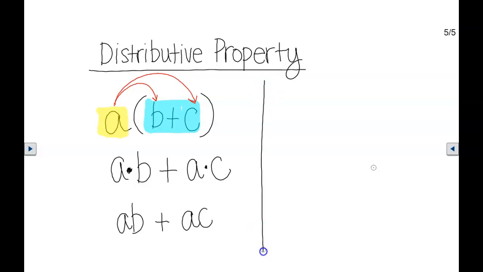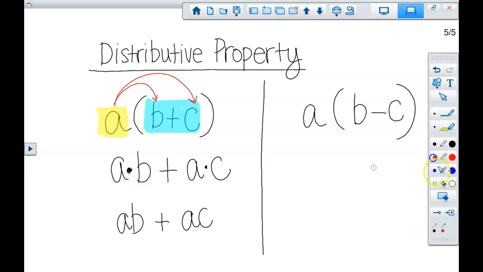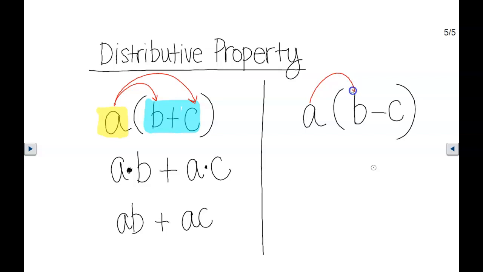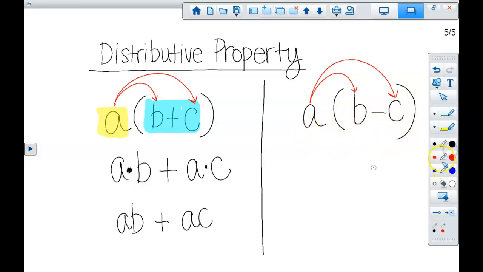The other type of problem where distributive will work is when we have a number times an entire group that contains subtraction. So if we had A multiplied by the group B minus C, distributive property tells me that I can distribute the A, and instead of multiplying A by the group, I can do A times each member of the group.